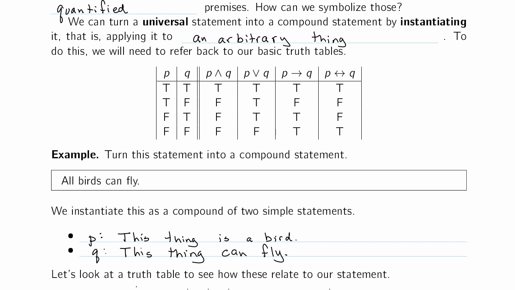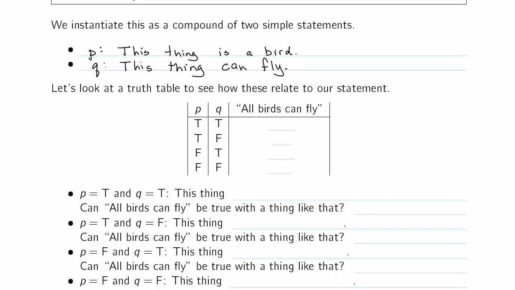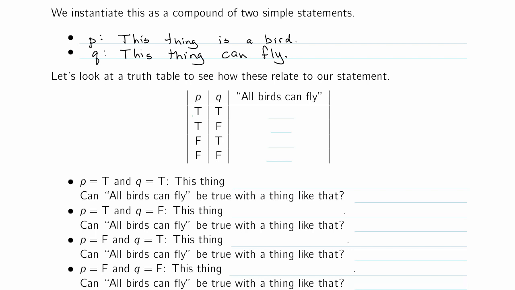Now let's make a truth table involving P and Q. To do that, we're going to think about the meaning of the statement, all birds can fly. Here I've started out the truth table for us. We have a P column and a Q column filled in to give us every possible combination of truth values for P and Q. In our first row, we have P is true, Q is also true.